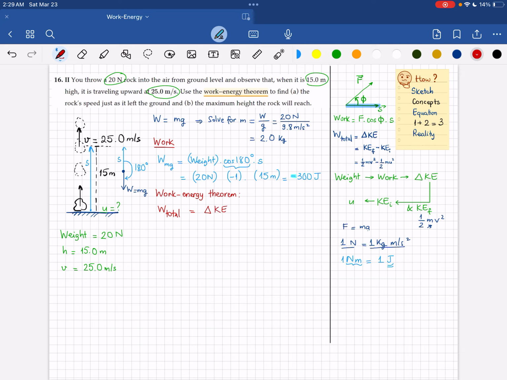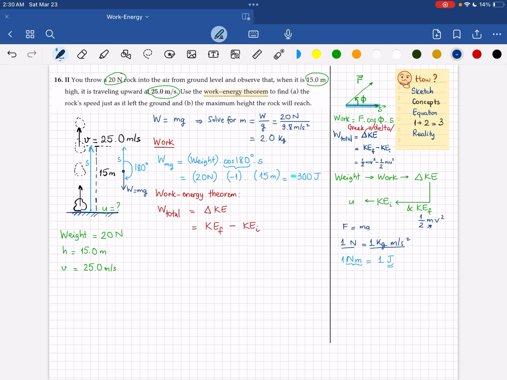Change is represented by this delta, a Greek letter delta. So delta equals final kinetic energy minus initial kinetic energy.